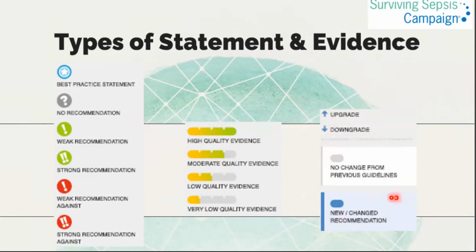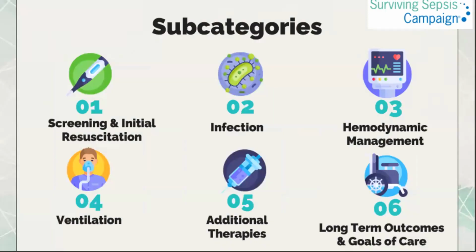And the ones with the blue background is a new change recommendation. The one with the white background is the same as the previous 2016 guideline. So basically there are 6 subcategories in this guideline, but I'll be only focusing on the first 5, which are relevant to our department.